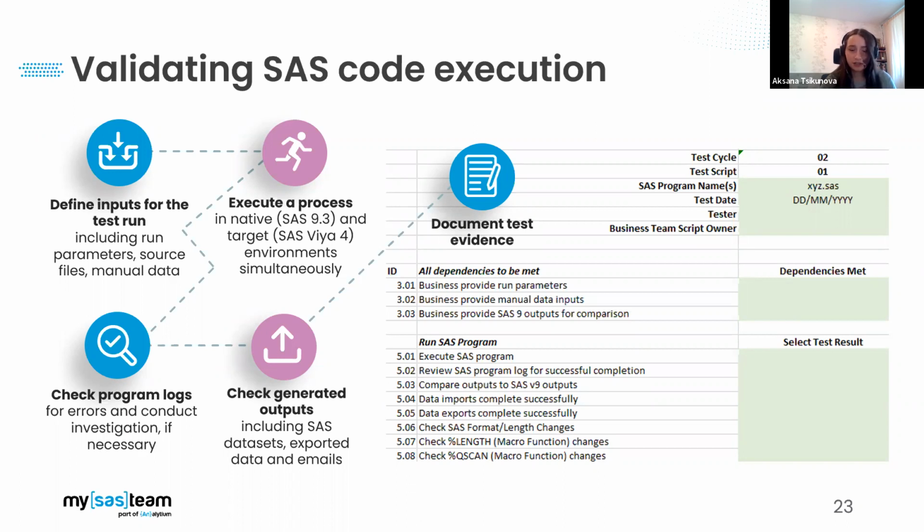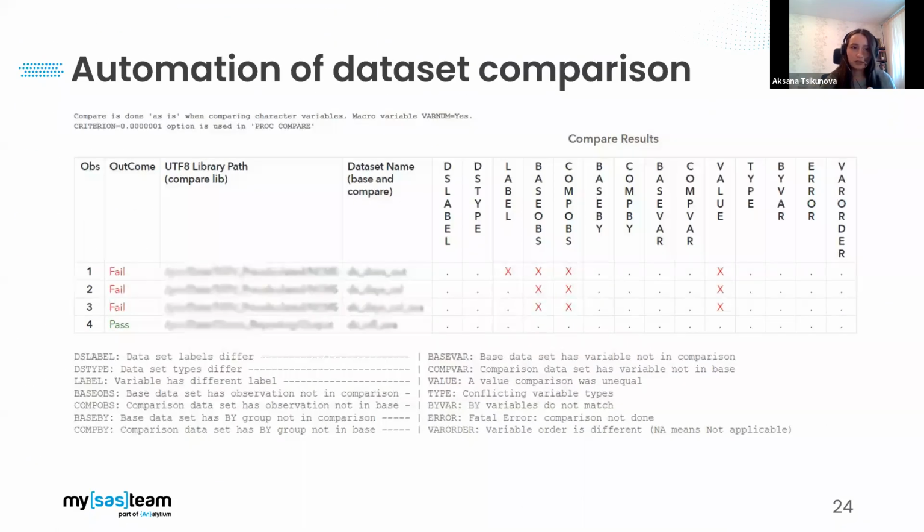And as a result of this process, the test evidence document is being populated with the different parameters, and this document is the main deliverable document for the testing stage. And finally, I would like to say a couple of words about the dataset comparison.